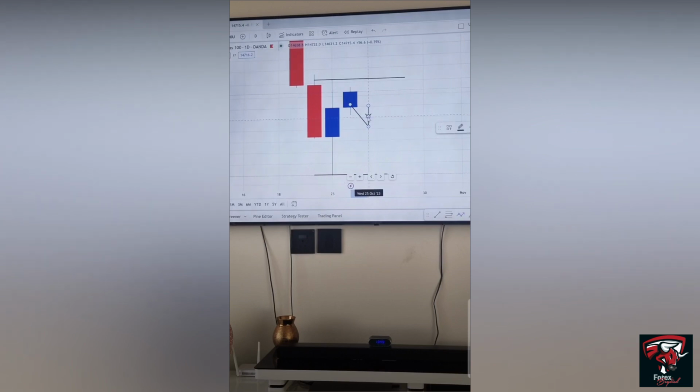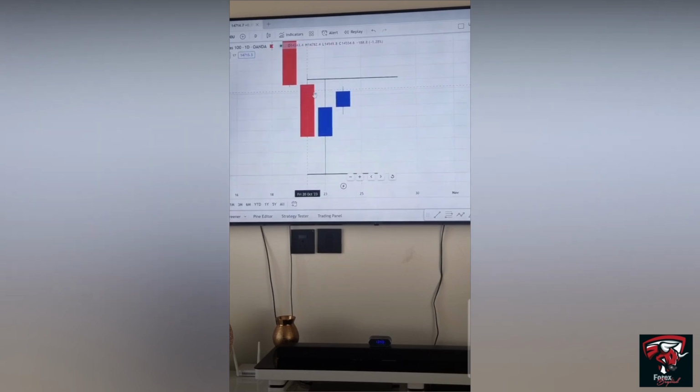So same cycle. We're going to have an accumulation and then a distribution. So right now we're in a consolidation phase.